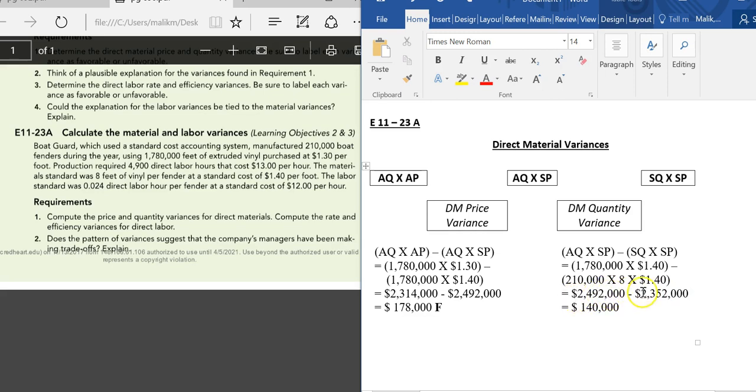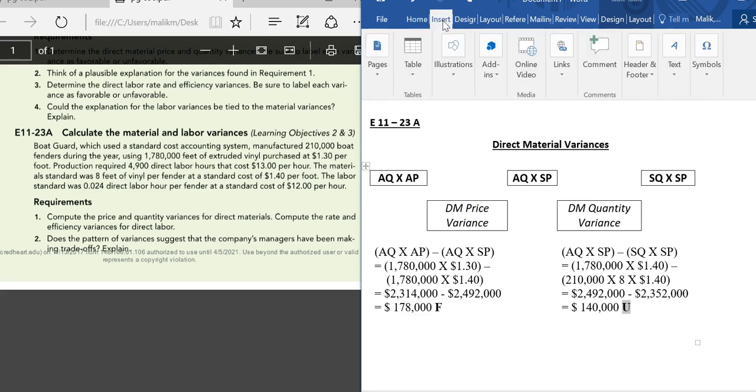Since the actual is higher than the standard, all these are costs, so it will be an unfavorable one. So I will write down a U, unfavorable one. So this is how you can calculate your direct material variances. Direct material variances, you have two types of variance. One is the price variance, another is the quantity variance.